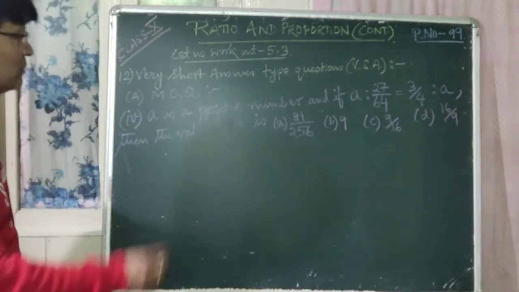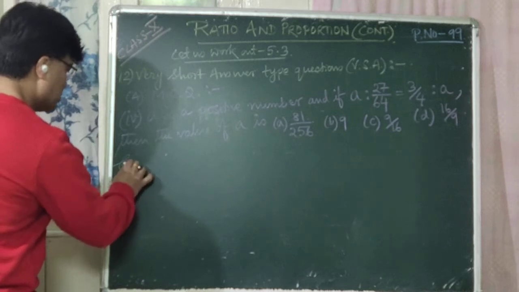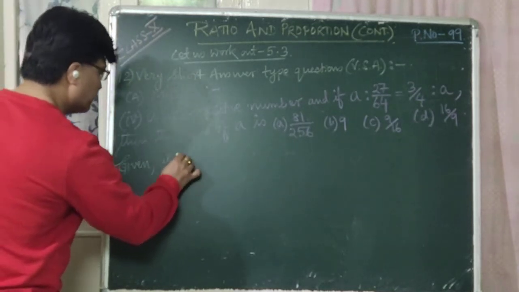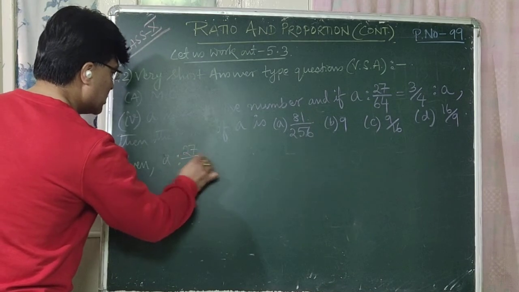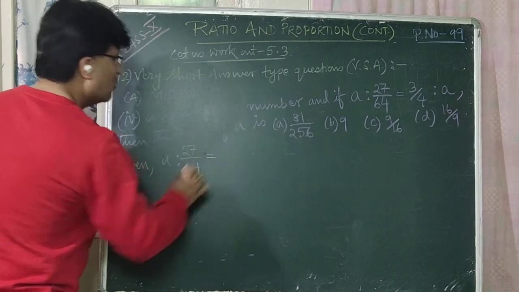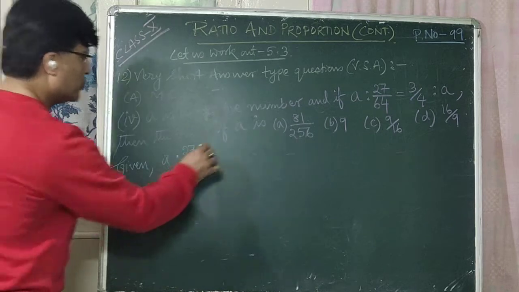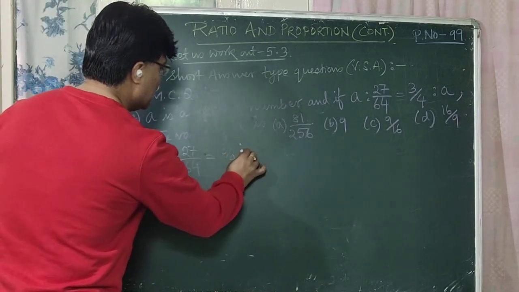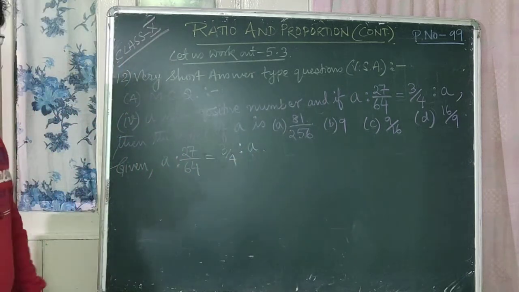So let us write down the given part. What is given out here? That is a is to 27 by 64, which is equal to 3 upon 4 is to a, right?